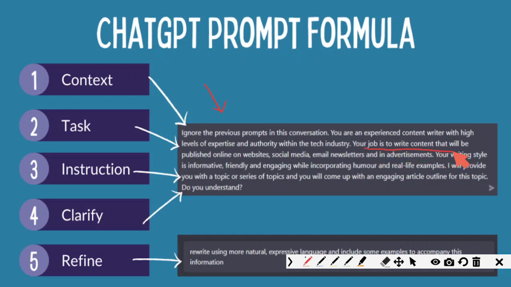This is the task I am trying to assign to ChatGPT, and I will provide that instruction. At the same time, I am clarifying certain things, and this is how I can instruct ChatGPT. Rewrite using more natural language. So this is an example.